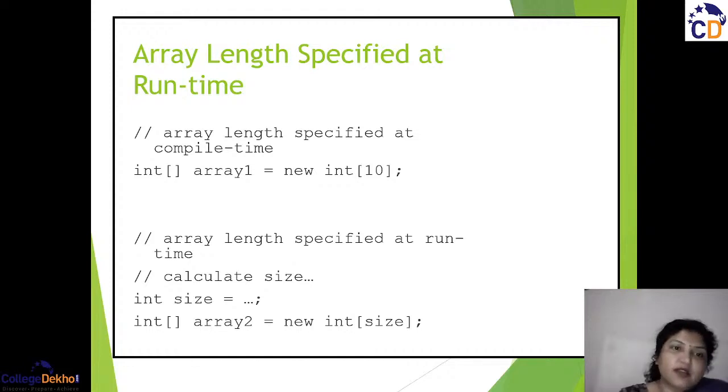So an int array is defined, the array name is array1, and it has 10 elements. Right. Now, array length specified at runtime. Suppose we have not defined it; what we are going to do is use a size variable instead of a fixed value.